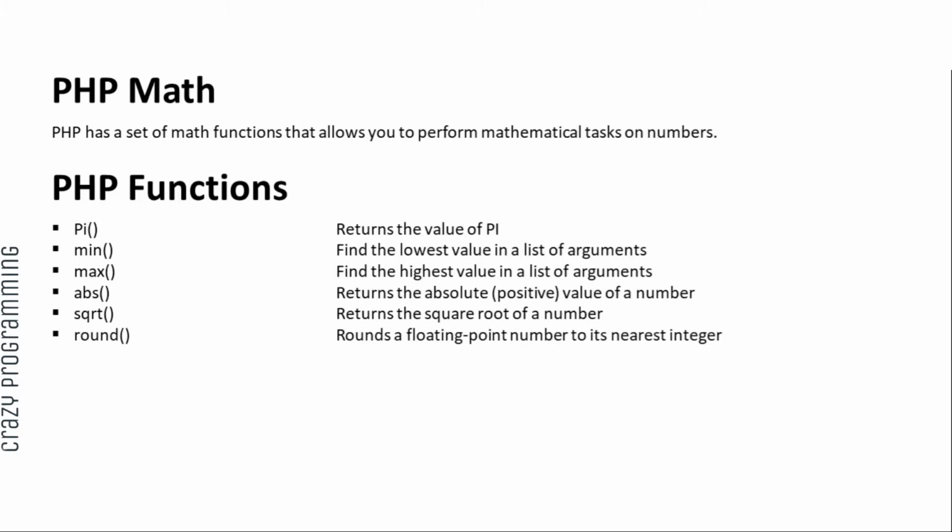And then the round function rounds a floating point number to its nearest integer. This means if my floating point number is 3.561, then the nearest number will be 4.